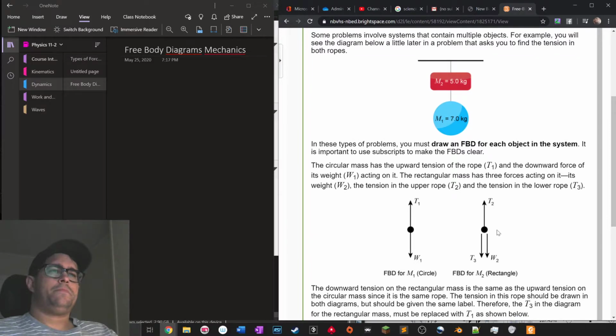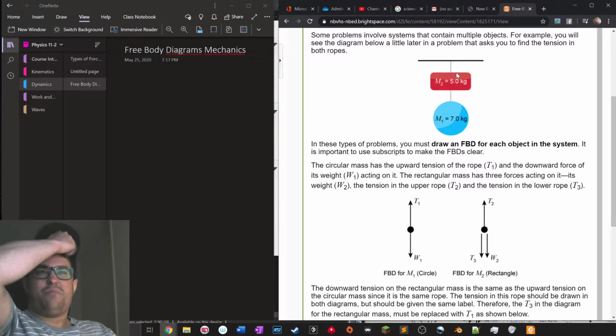For mass 2, we have the tension that is caused by mass 1. And we also have weight on the mass 2. The weight of itself, pulling it down. Right? Like what are the forces on mass 2? Weight of mass 2, force by this mass on mass 2, and the tension upwards.